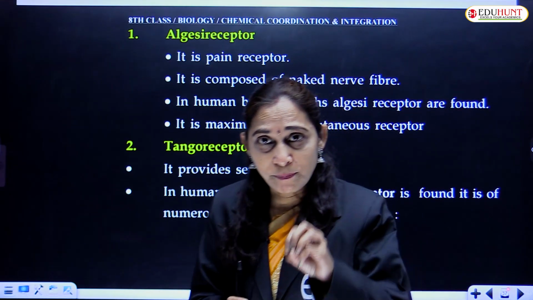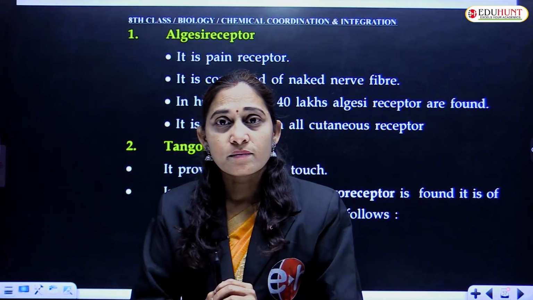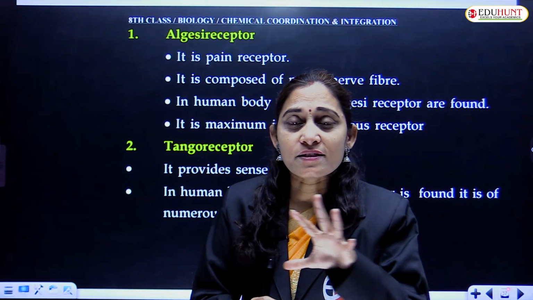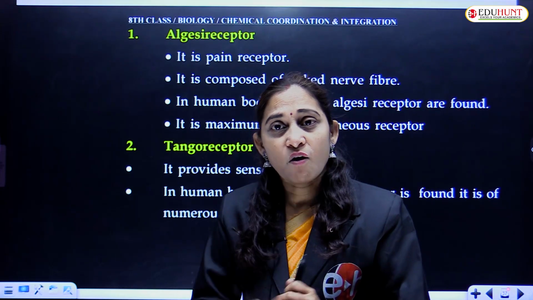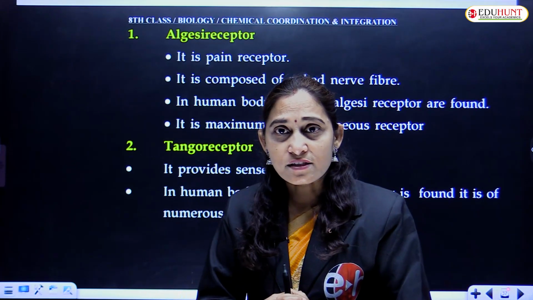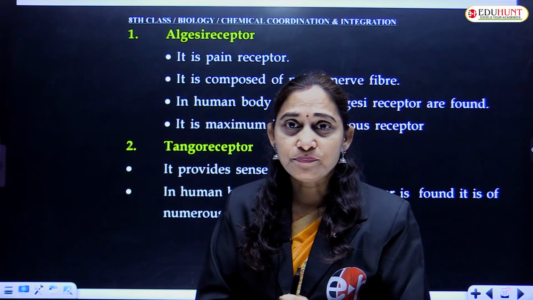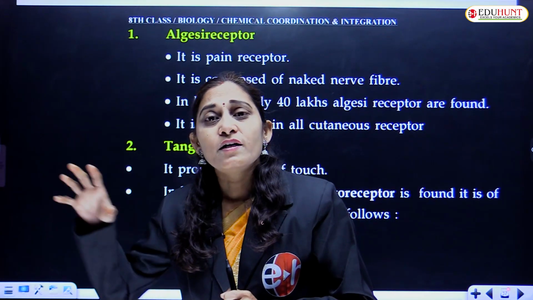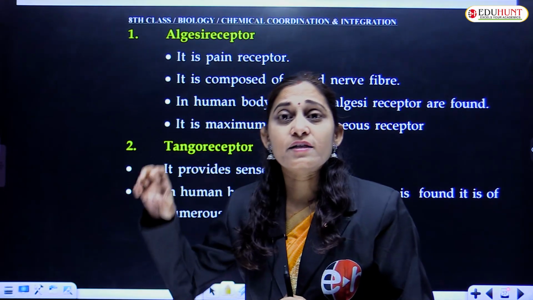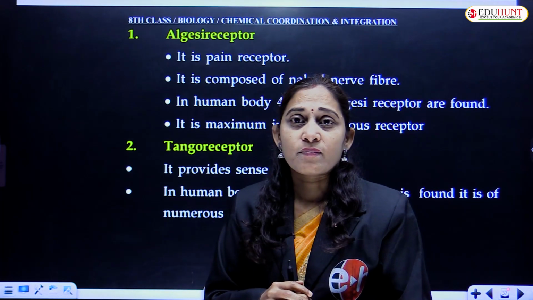These are specific to the signals. Whenever they receive signals, either from the external or internal side of the body, they transmit these signals to the organ or the site of action.